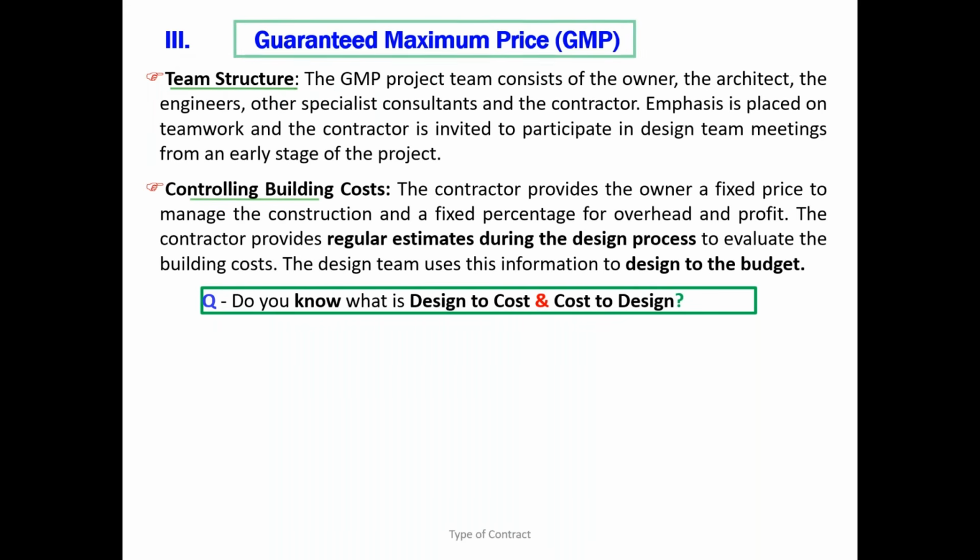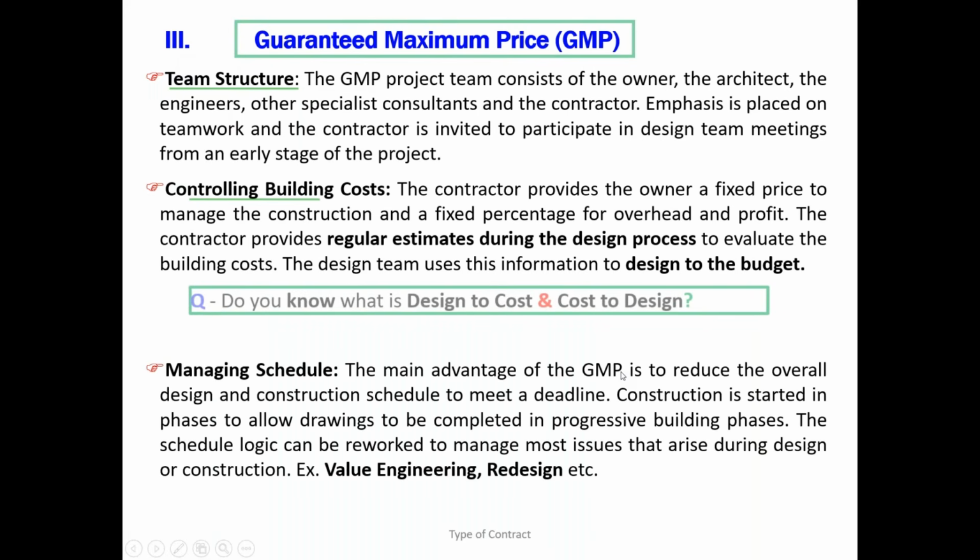DC or CD? Design to cost means you have to meet the cost target, whereas cost to design means you have done the design and you have to tell me how much it costs for this design. So the budget is fixed in DC, not CD.